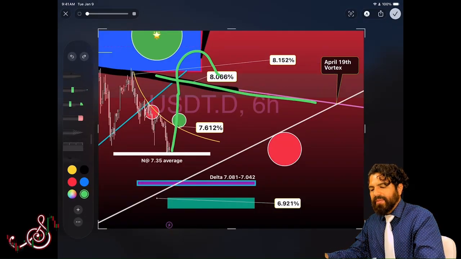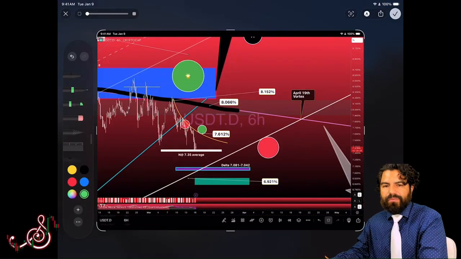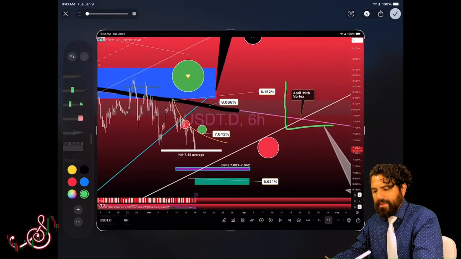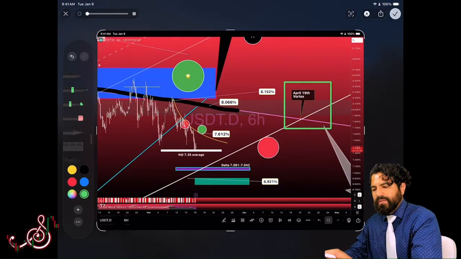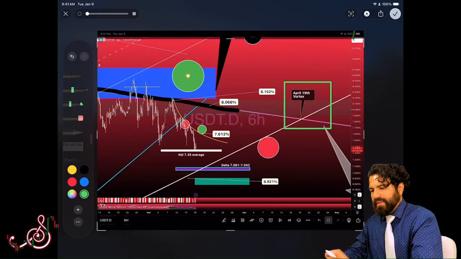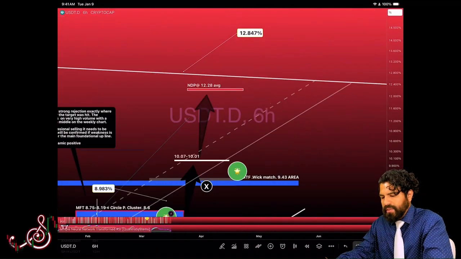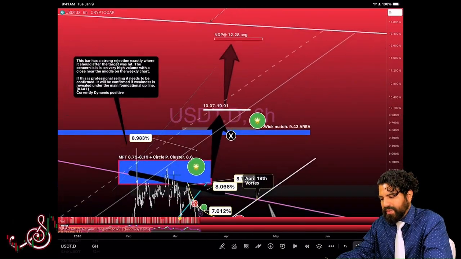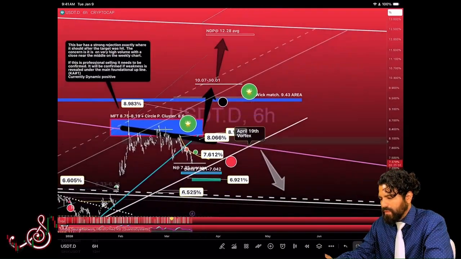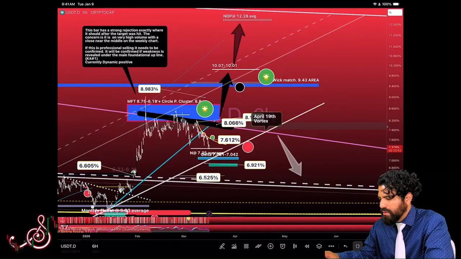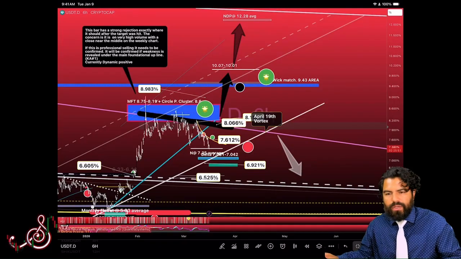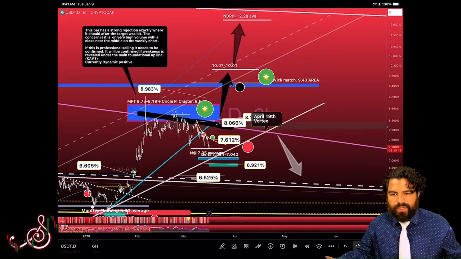So it has to make some kind of structural decision by April 19th, vortex. Okay, so that's one of the things I'm going to be showing you. And the other is local NDP. And I'll put that number on the screen in just a moment.